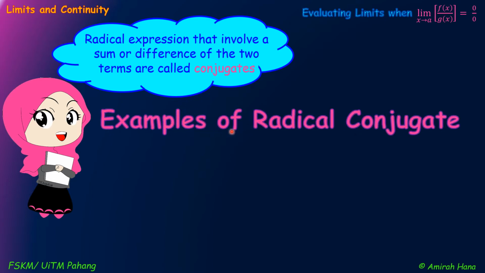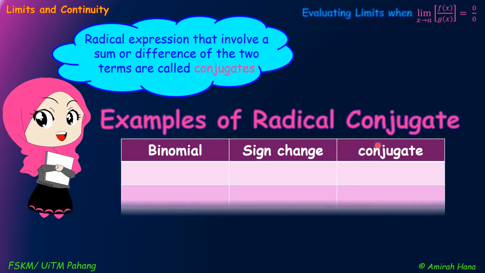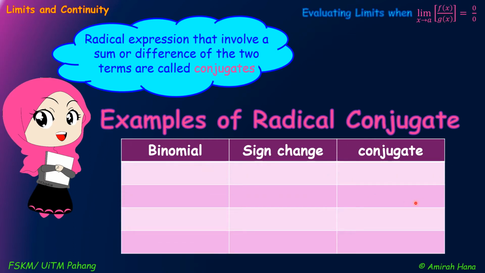Let's look at examples of radical conjugates. We have three columns here: binomial, sign change, and conjugate. Let's say we have the binomial radical x plus 2. Radical means the symbol of square root or cube root here.